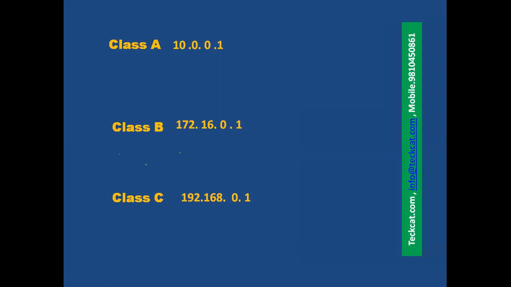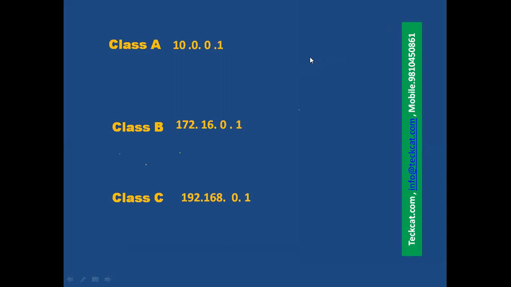What is the binary of 255? All ones. Exactly, all ones. You're right.